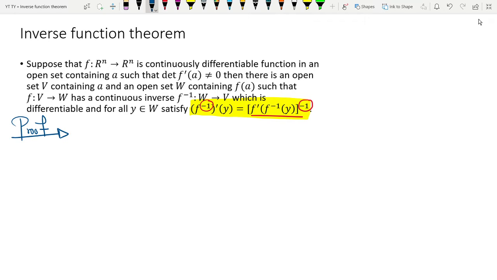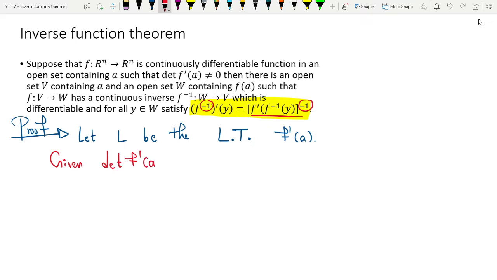What I know is, as I said, the derivative of f would be a matrix, or more precisely, a linear transformation from Rn to Rn. So I just give it a name. Let capital L be the linear transformation f dash at A. Now what they have given me is that the determinant of f dash of A is not equal to 0.